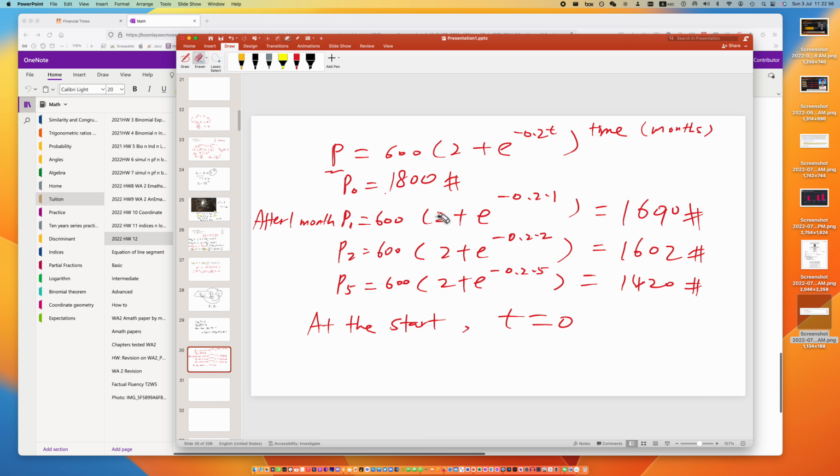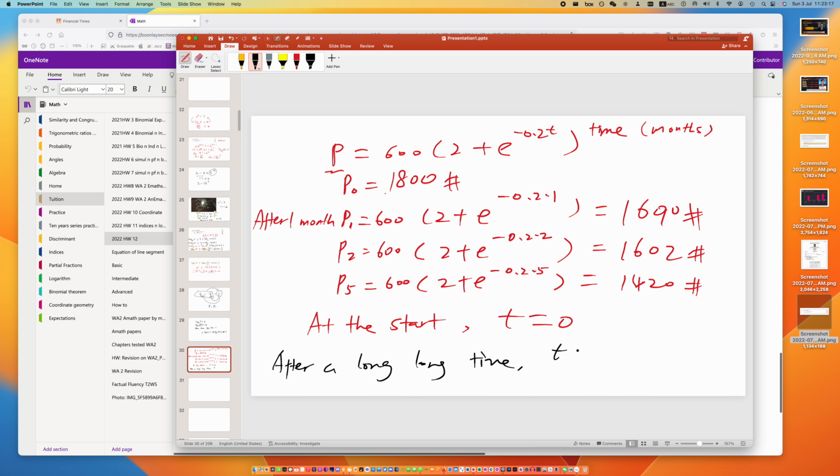So generally what they like to ask is the population at the start. And then after the start, in this case it will start to decline. So generally they would like to ask after 5 months, or after a long time. You know what's the meaning of a long time?